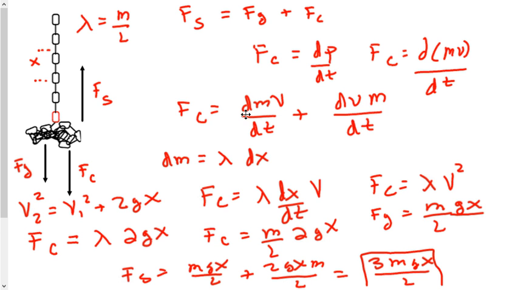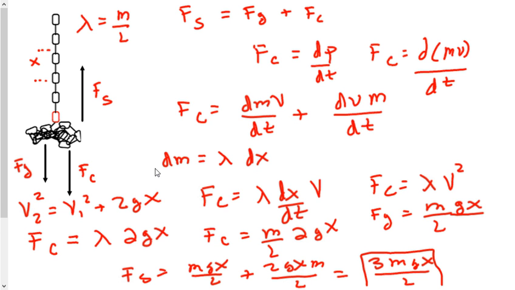Using the product rule, the force of the chain is equal to dm/dt times v, the derivative of mass with respect to time with velocity held constant, plus dv/dt, the derivative of velocity with respect to time, multiplied by the mass, which in that case is held constant. Since we're interested in dm/dt and not dv/dt, this is 0. So we're going to be looking at this expression only. The force of the chain is equal to dm/dt times v.